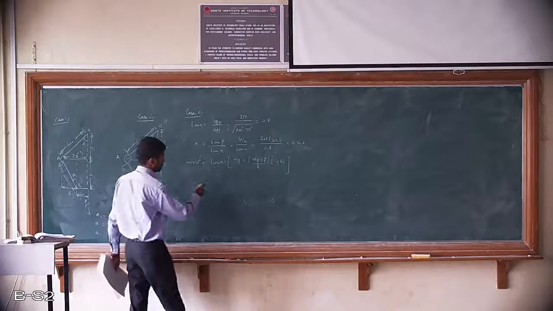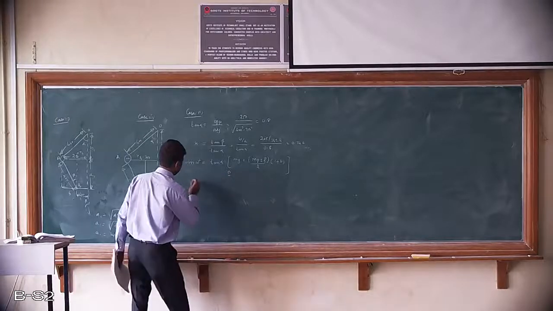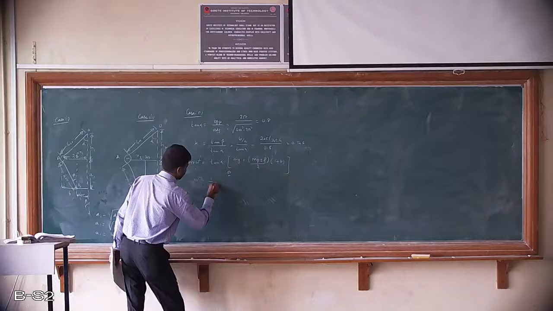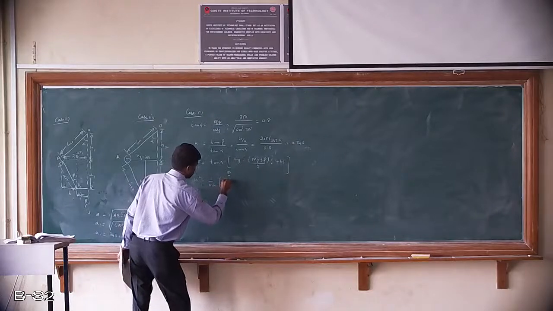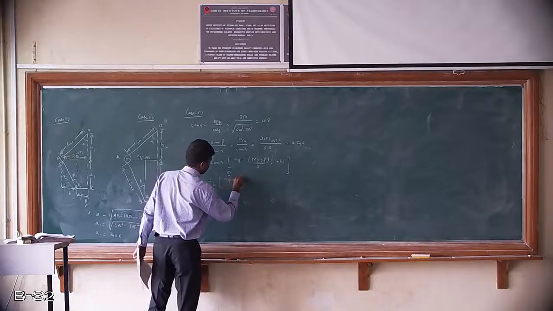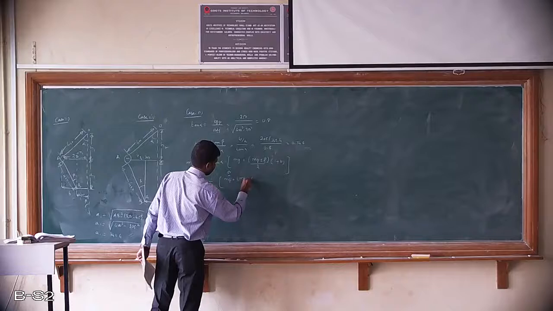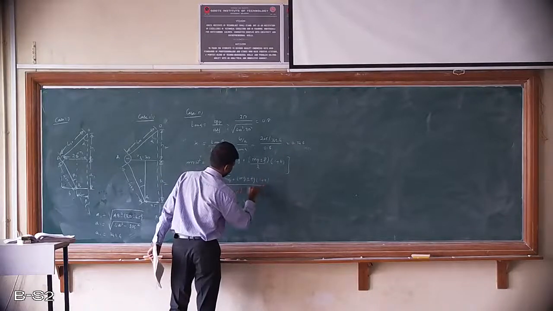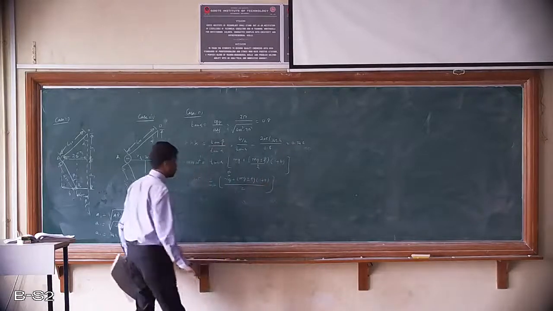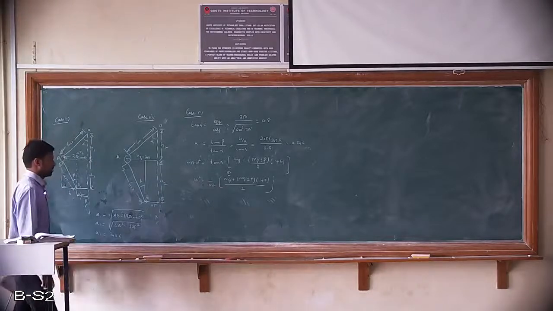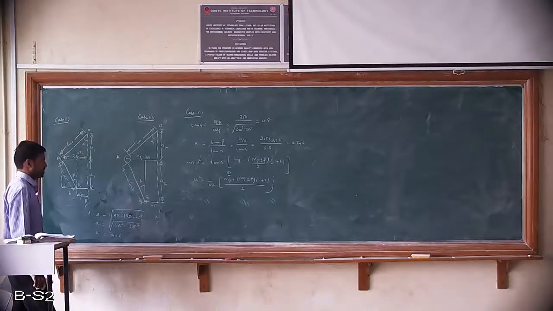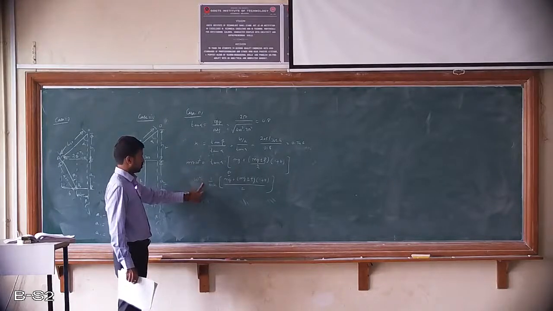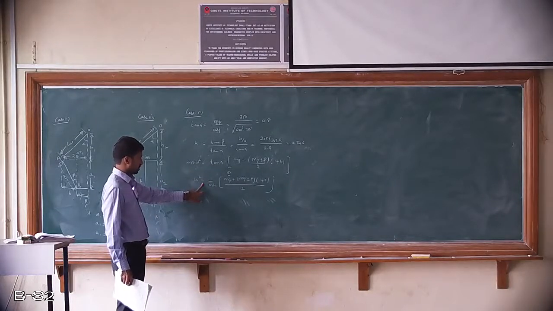Either you can use this equation or you can use omega square is equal to 1 by m h into bracket mg plus or minus F into bracket 1 plus k, whole thing divided by 2. If you use this equation, then it is also correct.